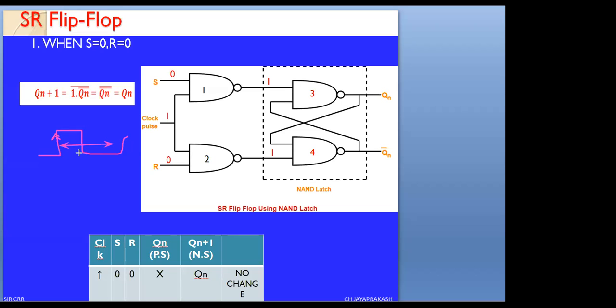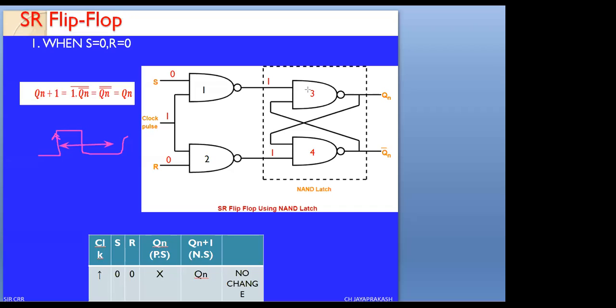Now see, I have applied clock 1. For NAND gate 1 and NAND gate 2, both the inputs are 0. For a NAND gate, if one input is 0, the output equals 1. The output of NAND gate 2 is also 1. So I have written 1, please check. Now the response coming from NAND gate 3 and NAND gate 4.